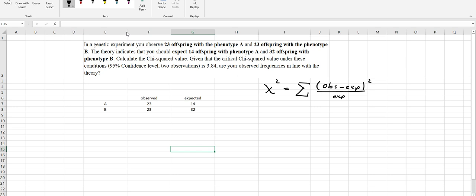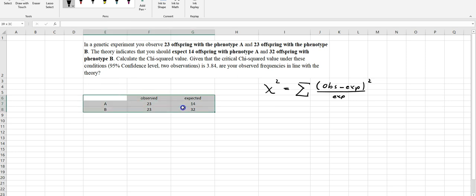That gives us a certain value, the chi-squared value, and we can compare that to the critical chi-squared value in this case. So let's do this calculation.